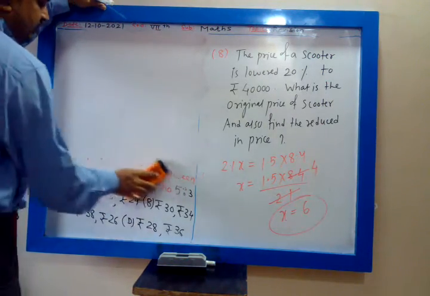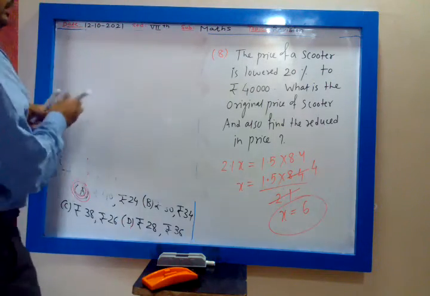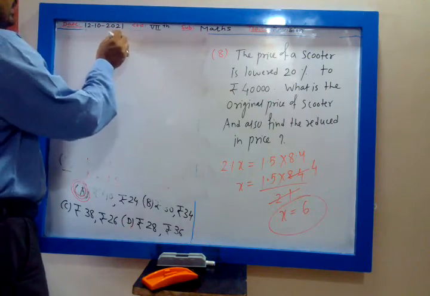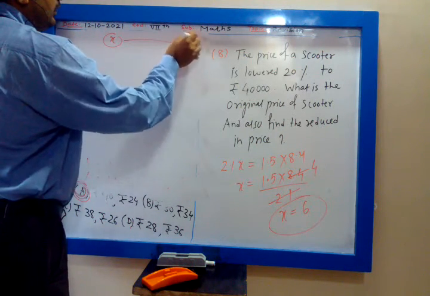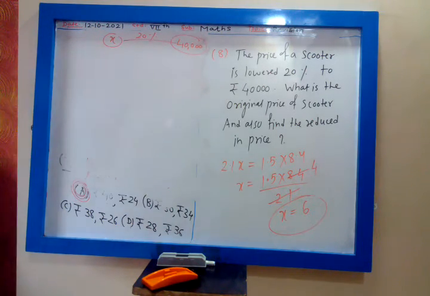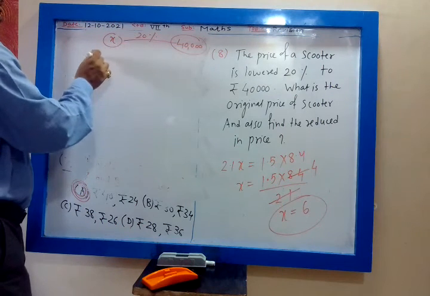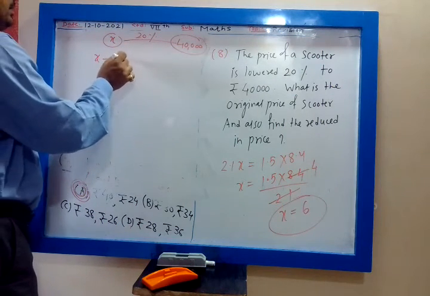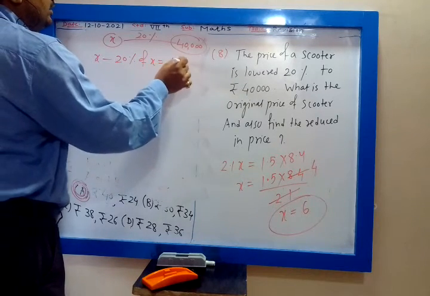The price of a scooter is lowered to 40,000. 20% is lowered. So original price we consider X and a new price becomes 40,000 with 20% reduction. So what you will get? Yes, reduce x by 20% means x minus 20% of x is new price, that is 40,000. Are you getting this?